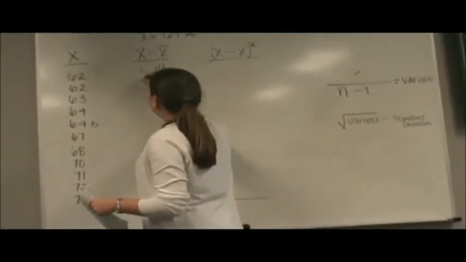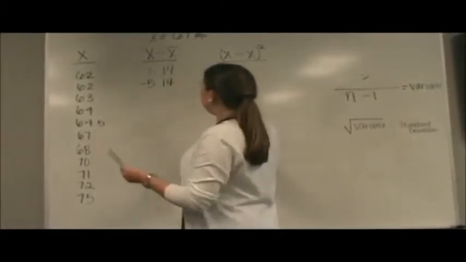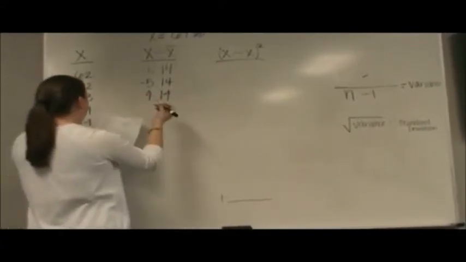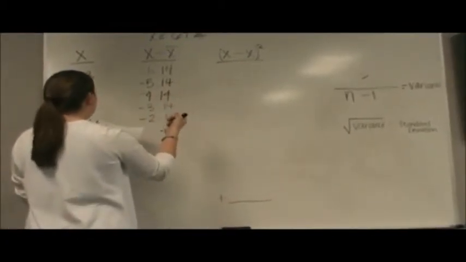Of course, 62 minus 62 is repetitive, so 63 minus 67.14 is negative 4.14. 64 minus 67.14 is negative 3.14. 64.5 minus 67.14 is negative 2.64. 67 minus 67.14 is negative 0.14. 68 minus 67.14 is 0.86. 70 minus 67.14 is 2.86. 71 minus 67.14 is 3.86. 72 minus 67.14 is 4.86.